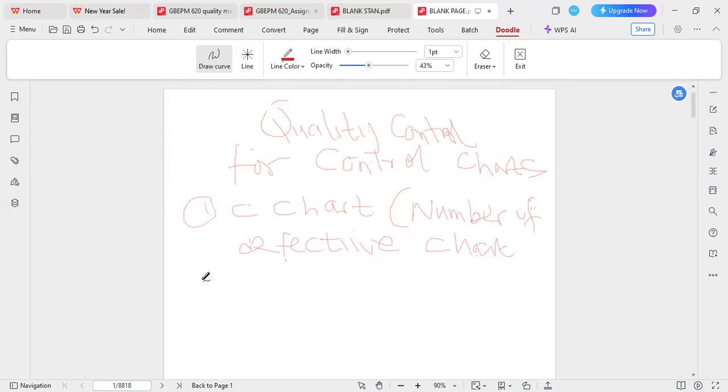Then we have the other chart here, which is the P chart. The P chart is the percentage of defective chart. So this one is on the percentage of defective chart.